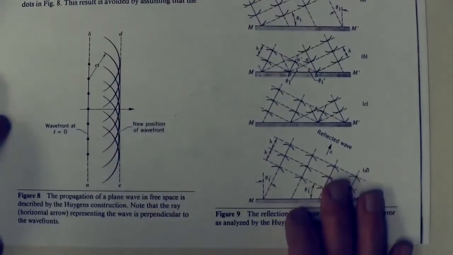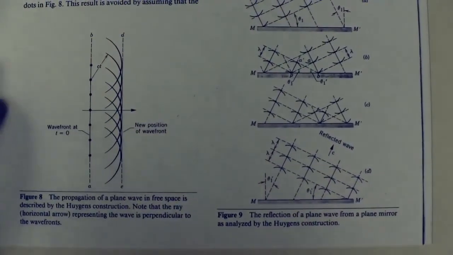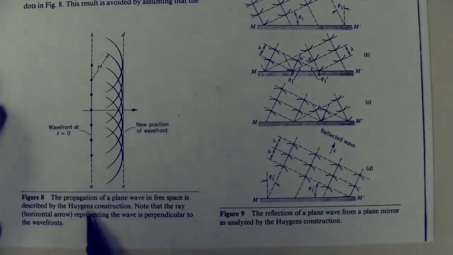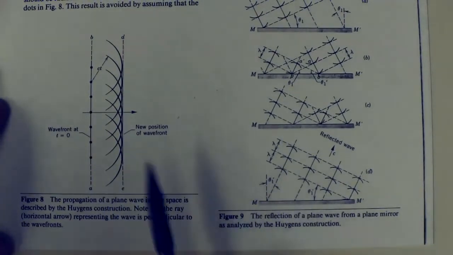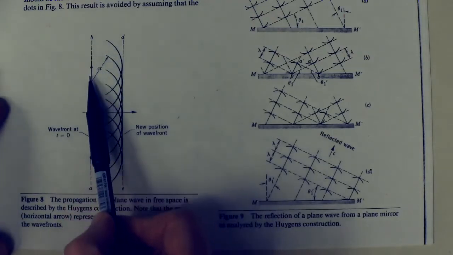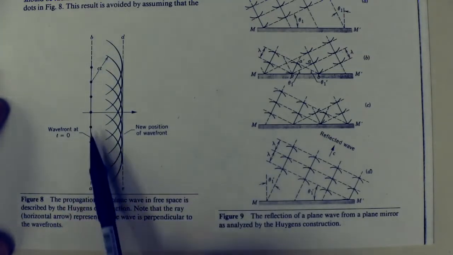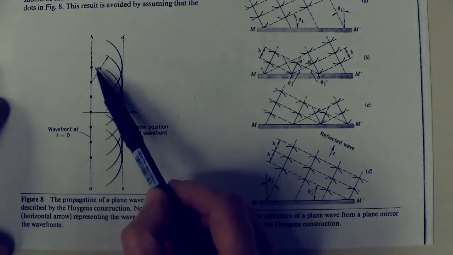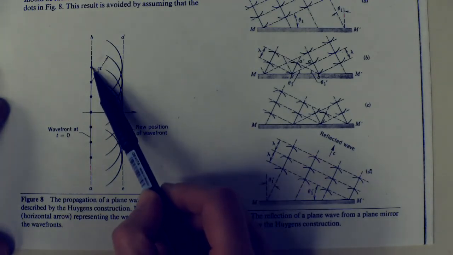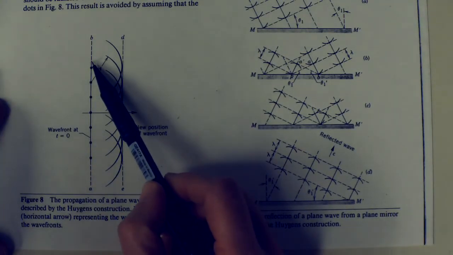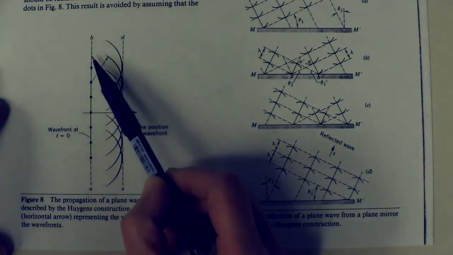This whole idea comes from Huygens. Christopher Huygens was an English scientist, and his way of understanding wave propagation was that if you have the crest of the wave here at some moment, then you imagine each point on that crest is itself producing a new wave that spreads out from there.